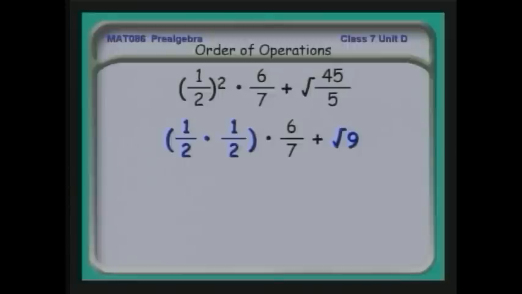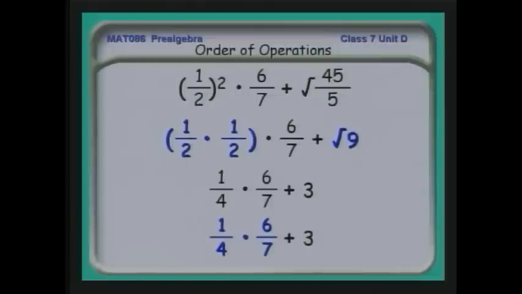But if I first divide or simplify, change 45/5 into a mixed numeral, in this case just 9, I can take the square root of 9. When I do these operations, I'm reduced now to 1/4 times 6/7 plus 3.